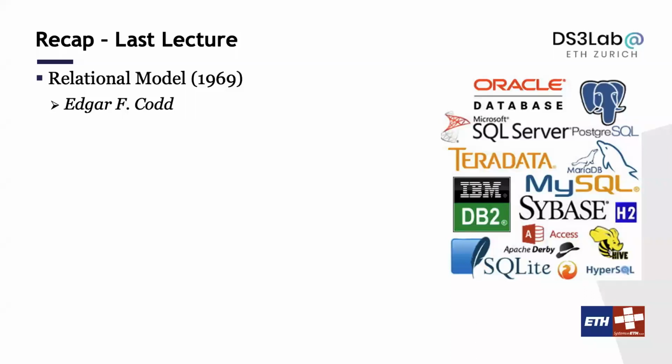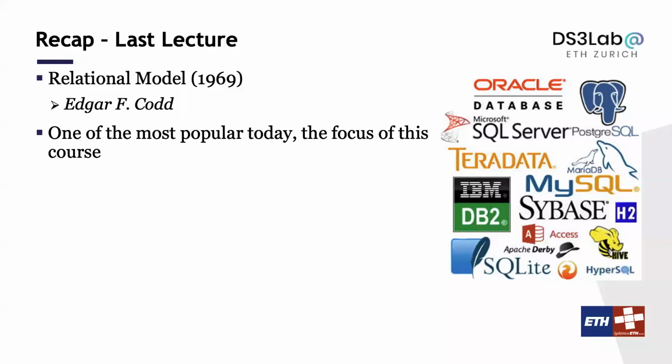For each one of them, we talked about whether it satisfies each of those properties. And we ended at the relational model, which is one way of modeling and manipulating your data that satisfies all those good properties. It is also the focus of this whole course, and one of the most popular database systems that you are going to see today.